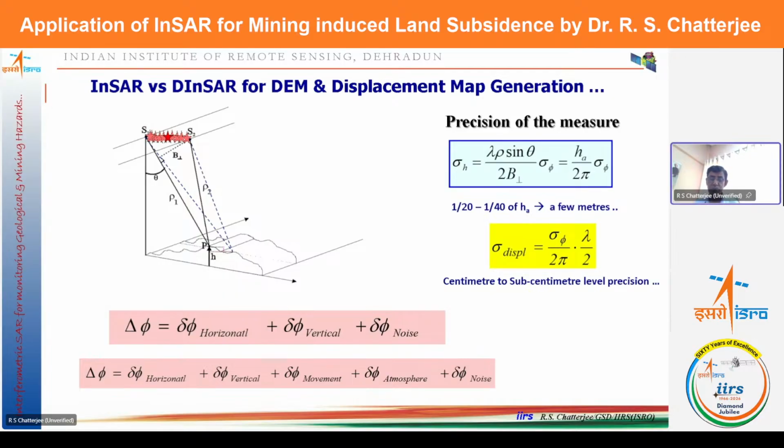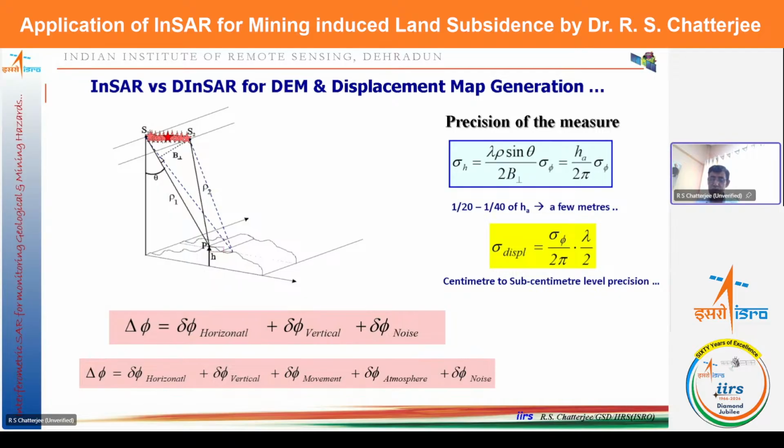Then there is no temporal decorrelation problem, because one transmitting antenna sends the radar pulse, and after interaction with the Earth's surface, the pulse returns to the receiving antennas. From these two receiving antennas you receive the return pulse and have two images. So interaction happens once only, and there is no question of time difference.